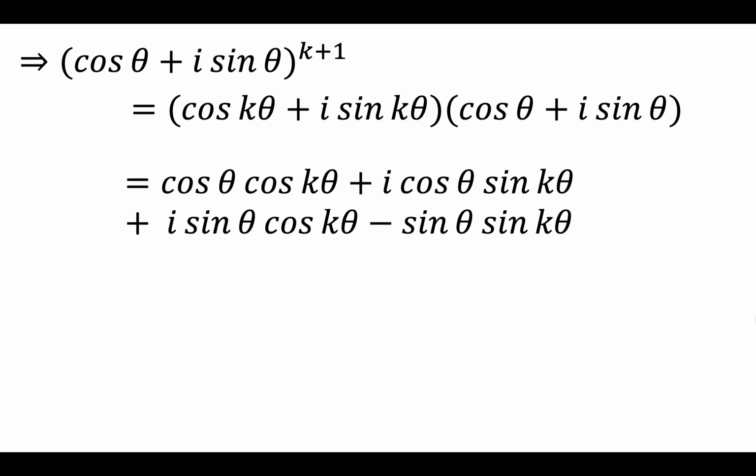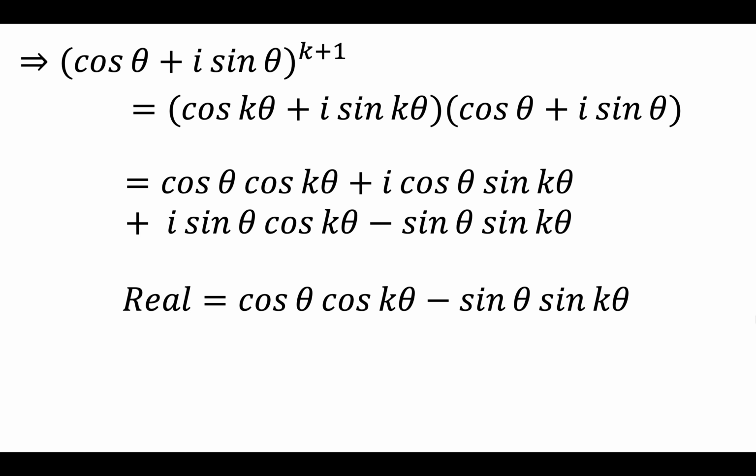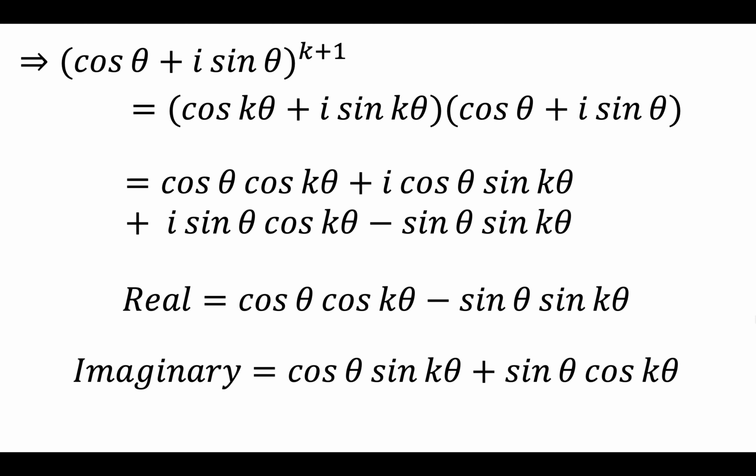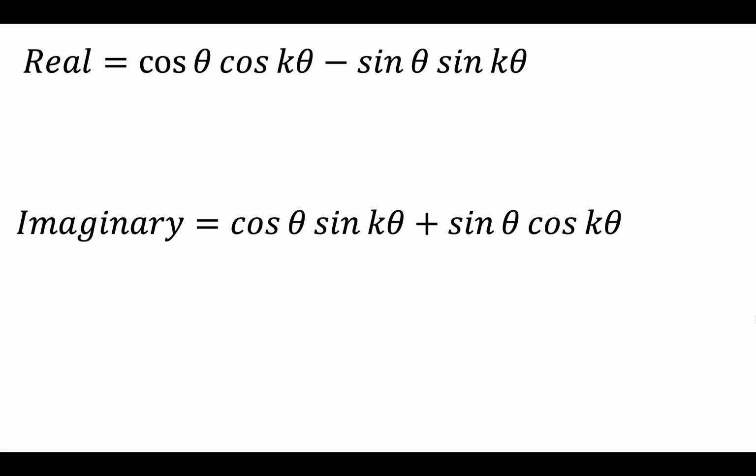Of course, i squared is just equal to minus 1, so this just becomes minus sine theta sine k theta. Now, if we split this into the real and imaginary components, we get that the real component is cos theta cos k theta minus sine theta sine k theta, and the imaginary is cos theta sine k theta plus sine theta cos k theta. Now, for the real part, we can see that this is just the compound angle formula for cos.